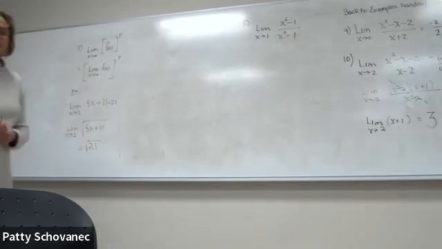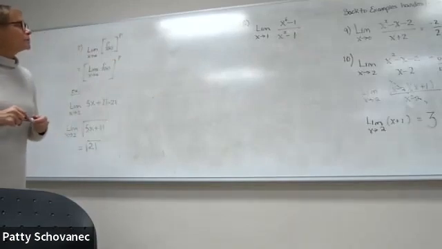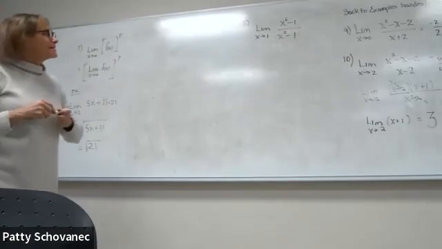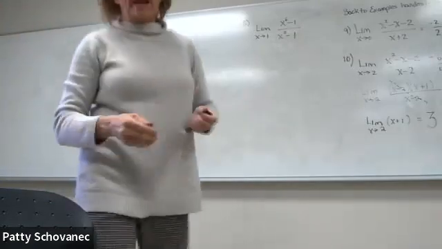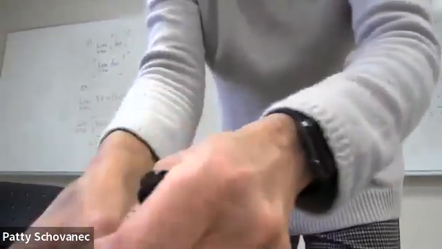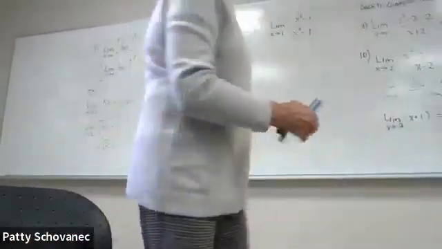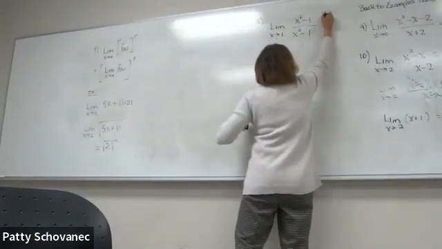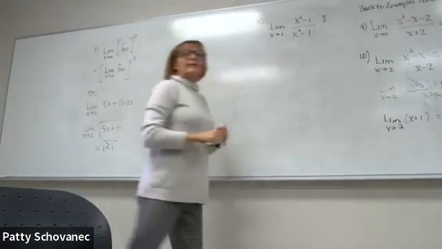So we try plugging the number in and see if we get a number back out. But in either case, if x is 1, the numerator and the denominator are both 0. We're going to tell ourselves that we checked that, and we found 0 divided by 0. That means do more.